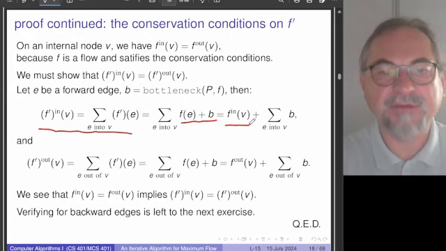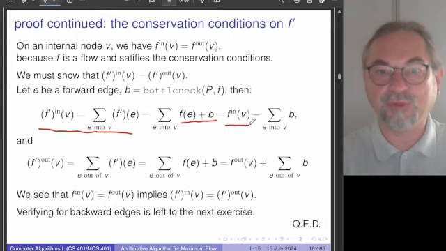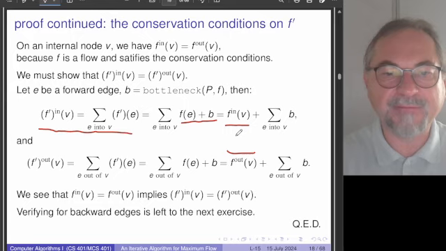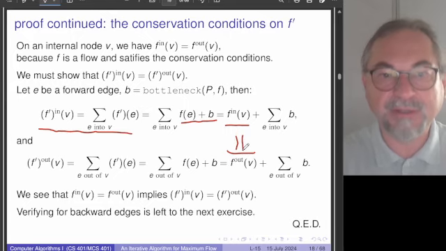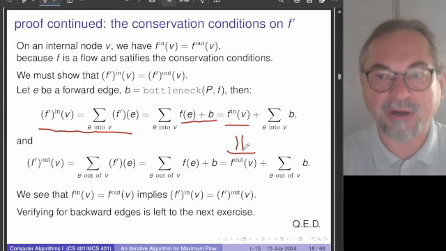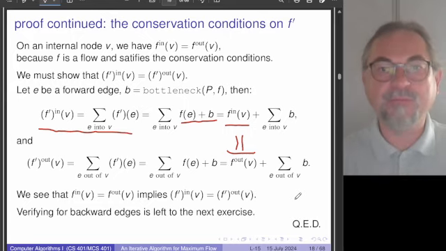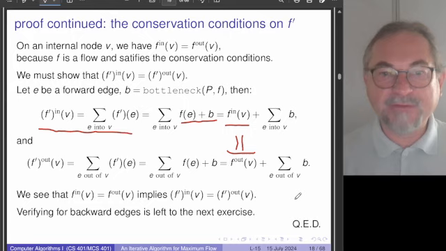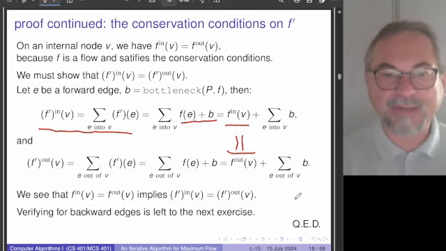We have the definition then applied to the original flow. Now, in the original flow, the conservation conditions are respected. So then you see that, of course, we have what needs to be proven for the forward edges. The next exercise asks you to verify this for the backward edges.